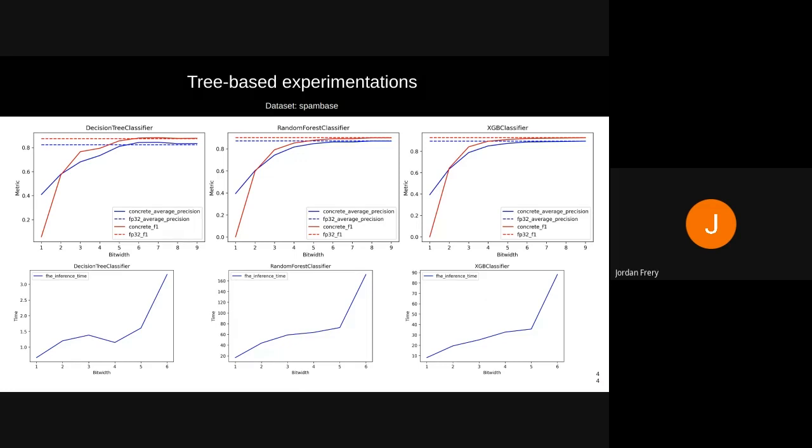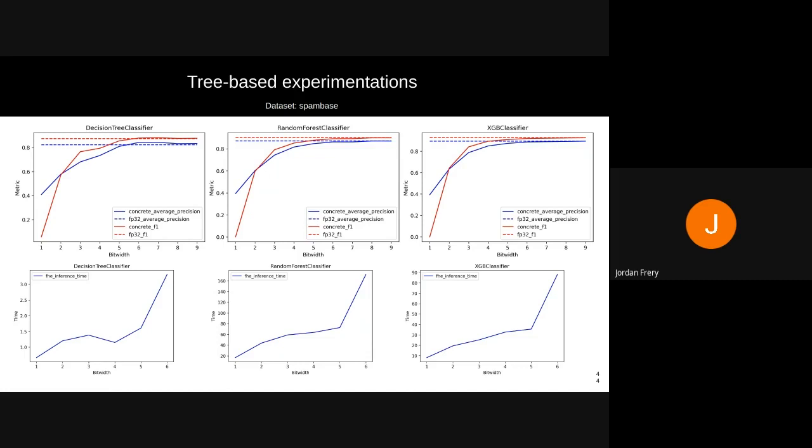So those are a few experiments on a spam-based dataset where we take the floating point 32 metric. So we have the F1 metric and the average precision metric. And we compute the metrics for different bit widths, which would be the n bits parameter that you just saw before.